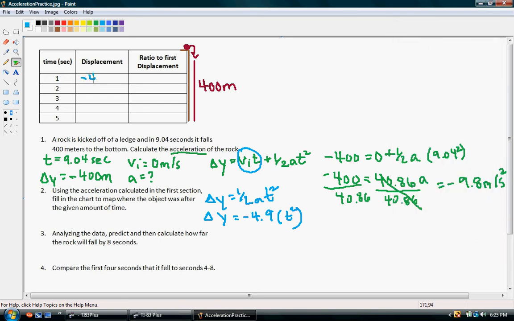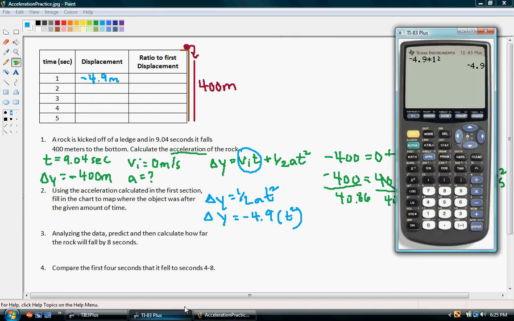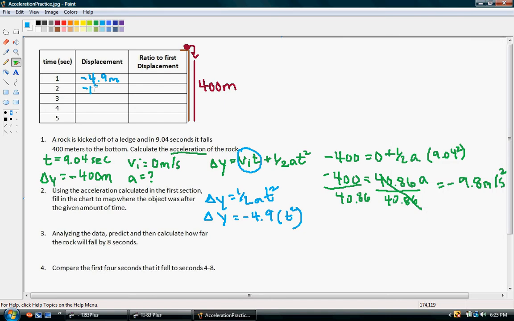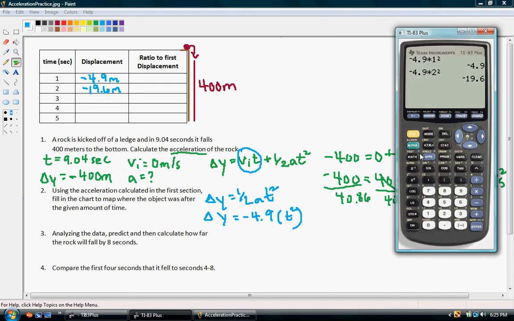So I'll write that, negative 4.9 meters. Then negative 4.9 times 2 squared, we get negative 19.6. Do this with after 3 seconds, so negative 4.9 times 3 squared, negative 4.9 times 4 squared. Alright, so we get negative 44.1 and negative 78.4.